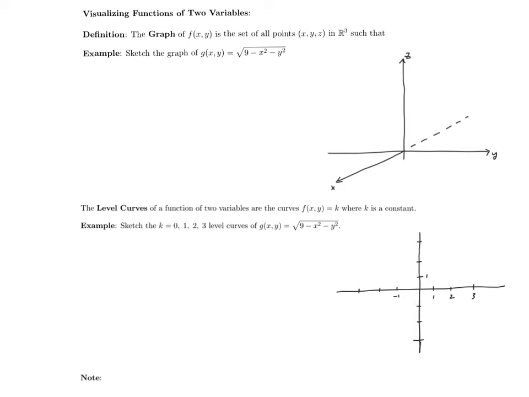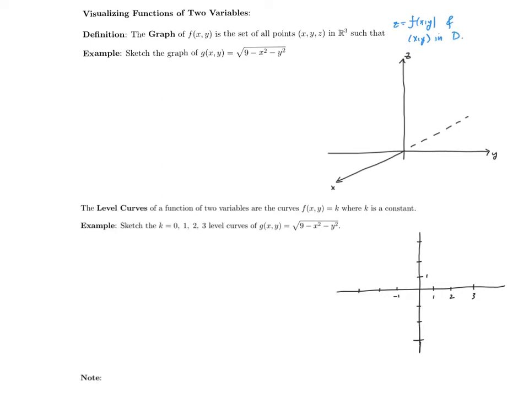To begin, we say that the graph of some function of two variables is going to be a set of points of the form (x, y, z) in three-dimensional space, such that z is the output associated to the input of the pair (x, y), and (x, y) is in the domain.